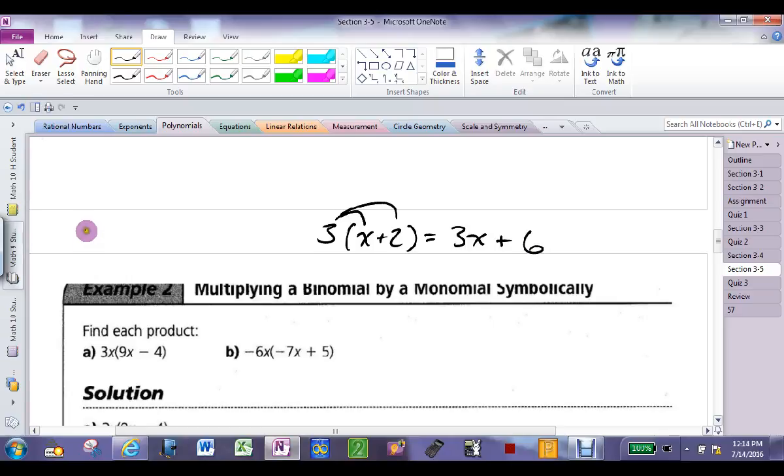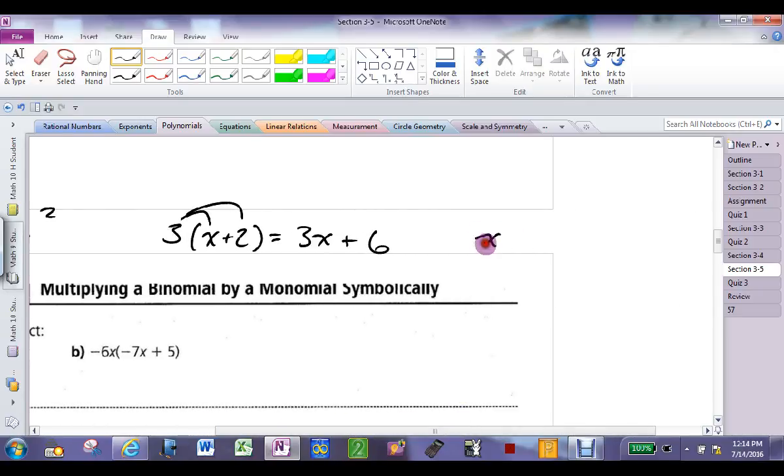If I had 3 to the 1 times 3 to the 1, what would the answer be? 3 to the 2, because you add the exponents. Cool? All right. What would happen if I had x to the 1 times x to the 1? That would be x to the 2. So everybody understands all the background.